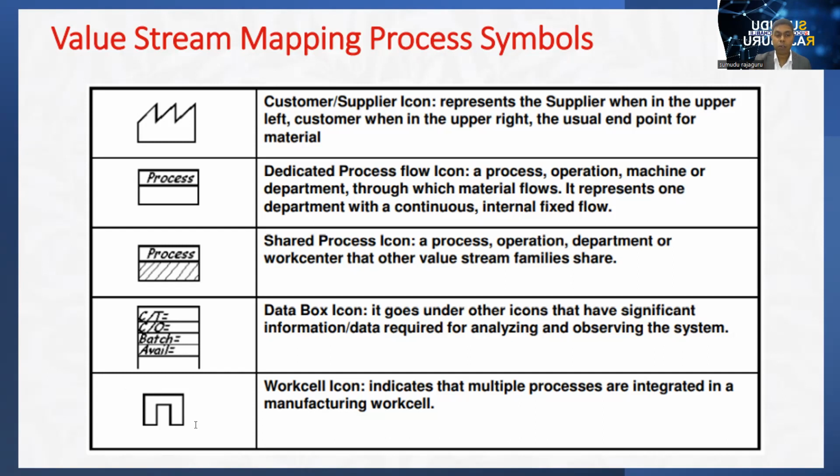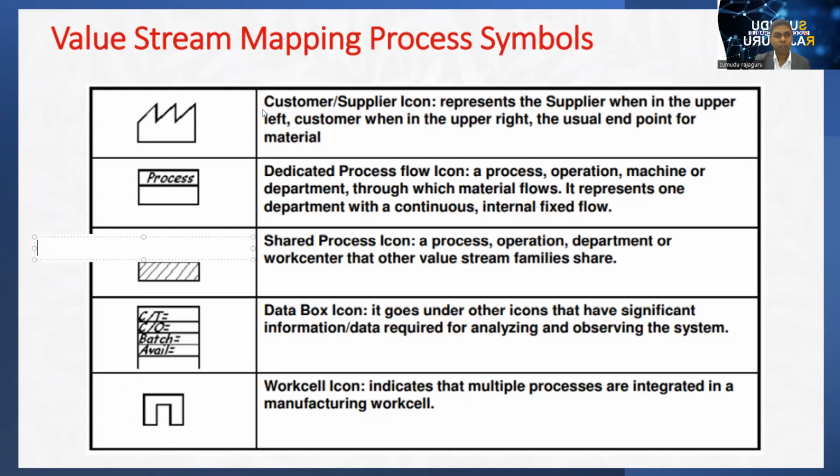So this acts as a centralized process, and we can use this symbol to illustrate the work cell. Now we know the 5 symbols: customer supplier icon, dedicated process flow icon, shared process icon, data box, and work cell icon.